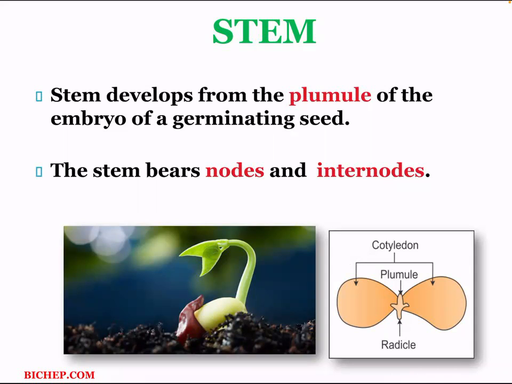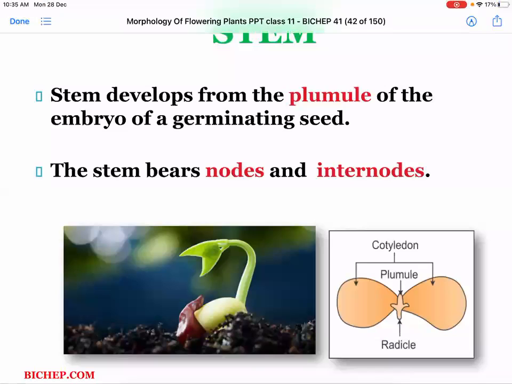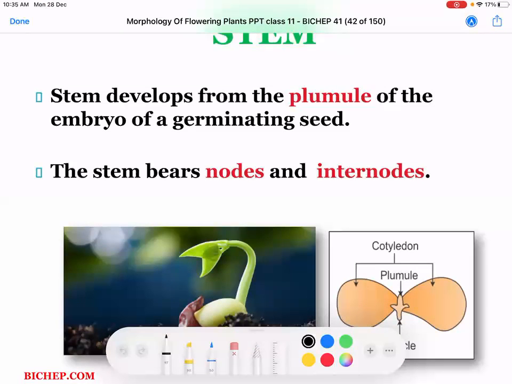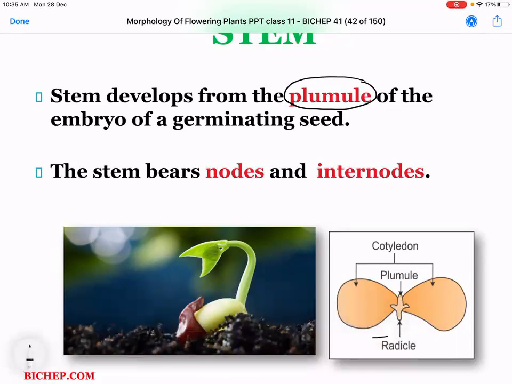Now comes the stem. If I talk about the general definition of a stem, the stem actually develops from the plumule part of the embryo. As we know, the embryo has two portions. The lower one is the radicle, which grows as root, and the top one is the plumule, which grows as stem.